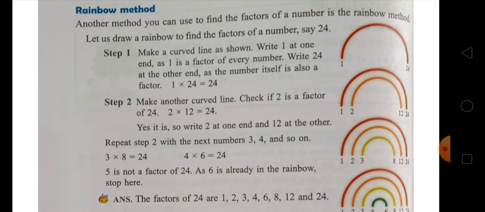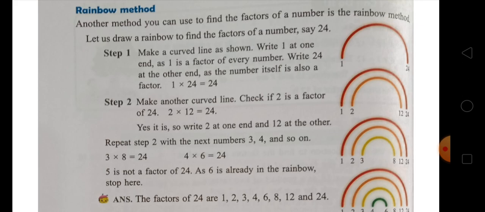In step 2, make another curved line. Check if 2 is a factor of 24. So 2 multiply 12 equals 24. Yes, it is. So write 2 at one end and 12 at the other end. Repeat this step with the next numbers 3, 4 and so on.